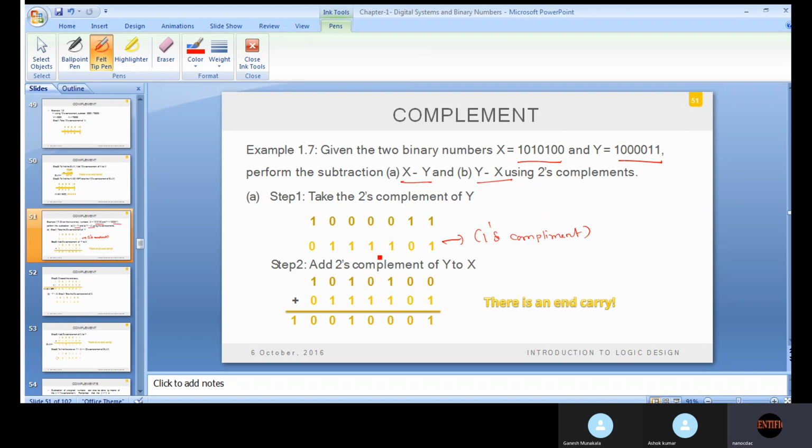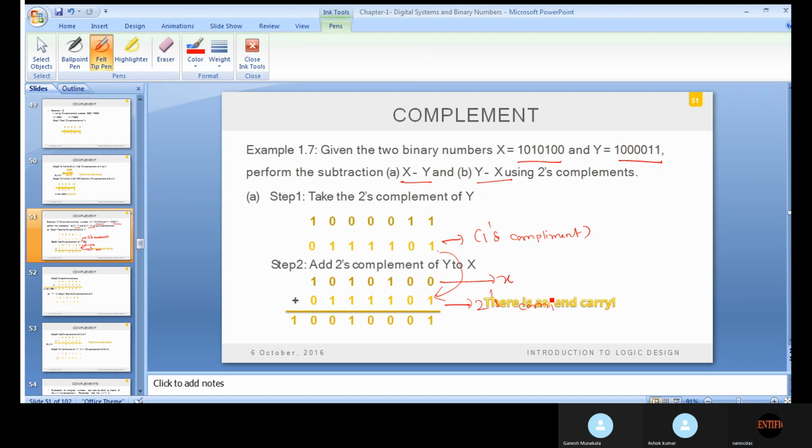So for this 1's complement, what we are doing is adding. Okay, so 1 0 1 0 1 0 0, so this is X, and add the 2's complement of Y to X. Okay, so this is the 2's complement of Y.